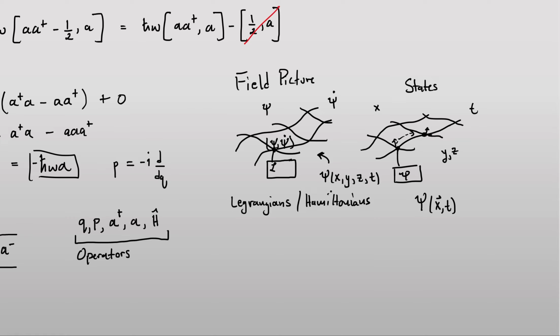Likewise, this is what makes quantum field theory a quantum field theory: these operators here are also functions of space and time. Not only do we have operators that exist in here, but our operators are functions of space and time as well.